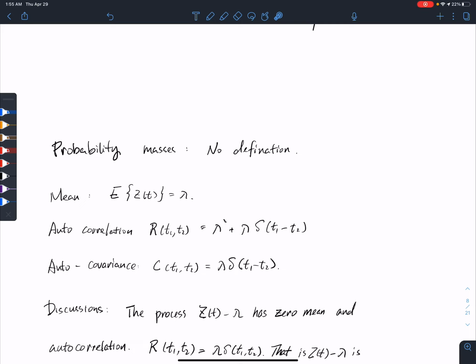The autocorrelation R(t1, t2) is equal to lambda squared plus lambda delta(t1 minus t2). The autocovariance is lambda delta(t1 minus t2).